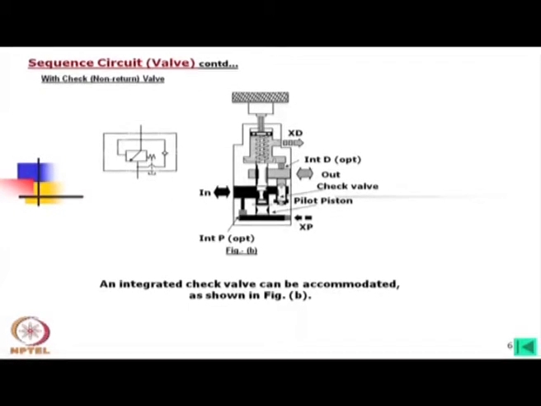Now, this check valve is operated with the external force. We externally operate this check valve to flow to both the directions. So, oil is going from this side to this side, as well oil can come from this side to this side. So, this is the sequence valve which we can use. The circuit already we have shown. Okay.